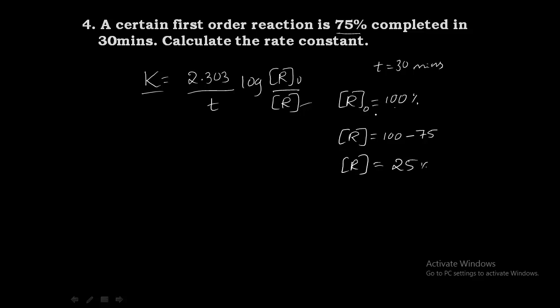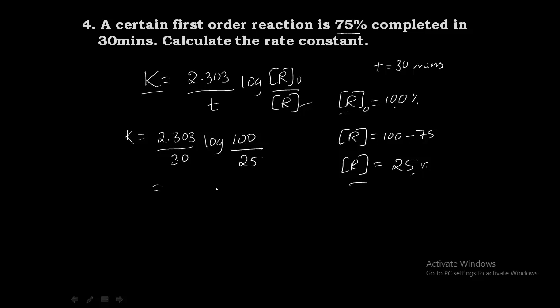So that is the concentration of reactant. So now we have R naught and R. Substitute the values in this equation. We will get the answer. So K is equal to 2.303 divided by T is 30 minutes log R naught. R naught means initial, that is 100, divided by R, that is final concentration after 30 minutes, that is 25.